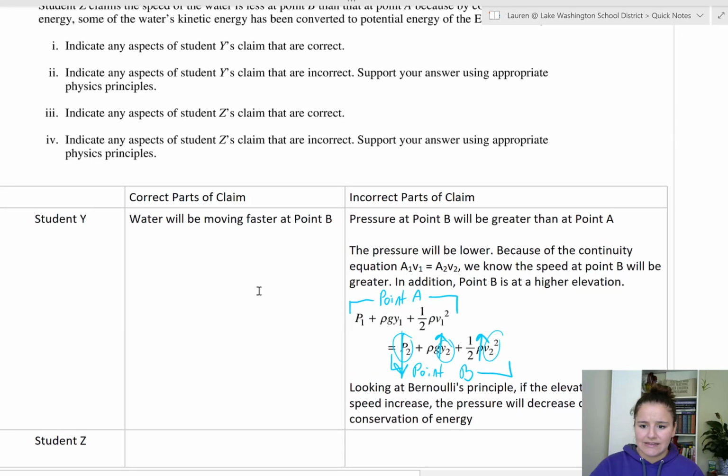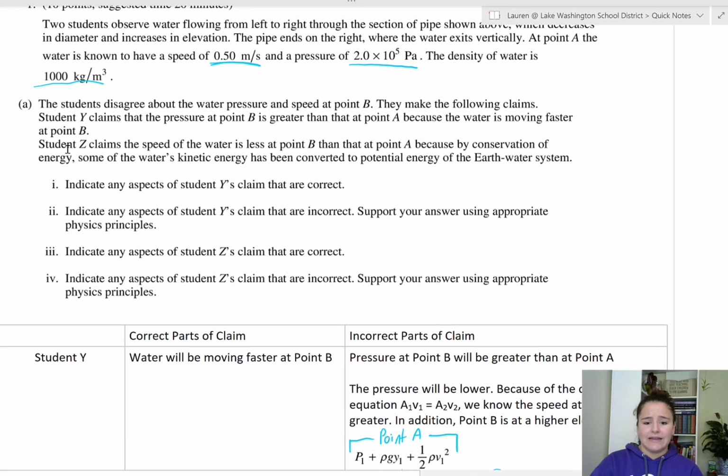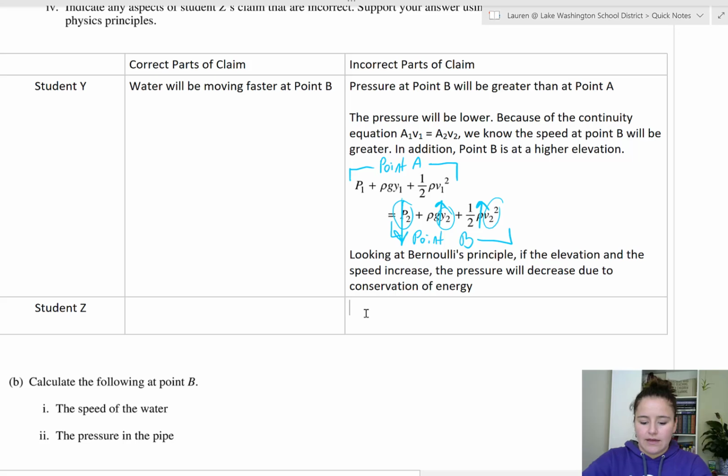Now let's look at student Z's claim. Student Z claims that the speed of the water is less at point B than at point A. Well, that's incorrect. Okay, let's go ahead and put those in quotes so we know that that's the part of the claim we're talking about.